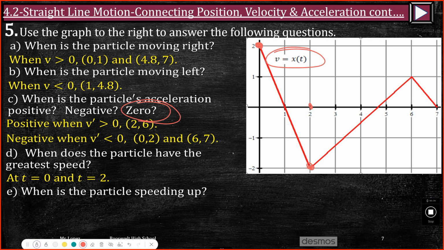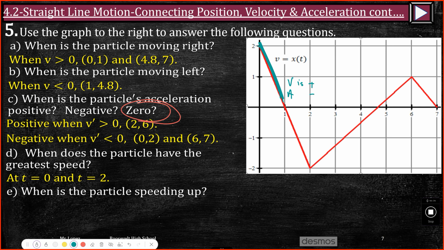So let's take a look at intervals here. This is a velocity that is positive, no? Velocity is positive here. And the slope of it, which is acceleration, is what?